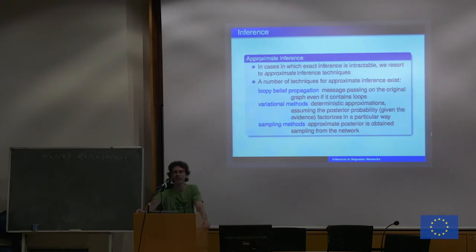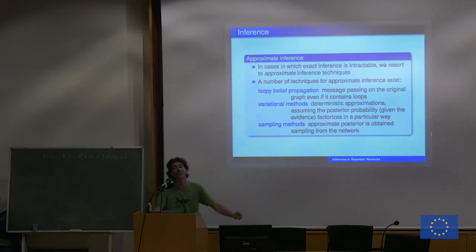Loopy belief propagation is, in a sense, very simple. You take the original network and you send messages with message passing. You will have cycles, meaning not directed cycles, because in a Bayesian network you can't have a directed cycle, but you will have cycles in terms of paths. So the messages will go infinitely. But then what you do is you decide a stopping procedure, and they won't be exact. All these are approximate.